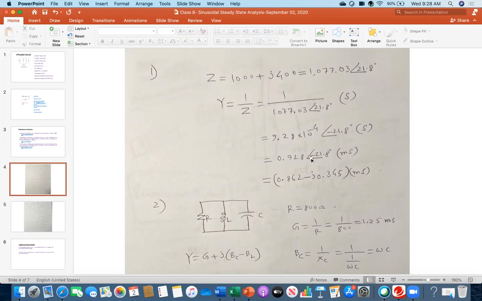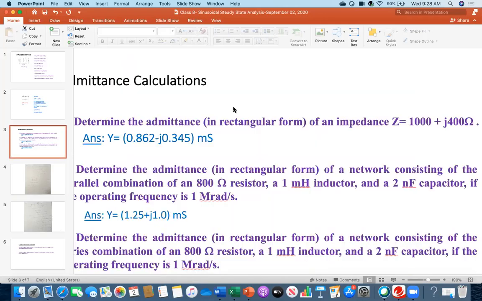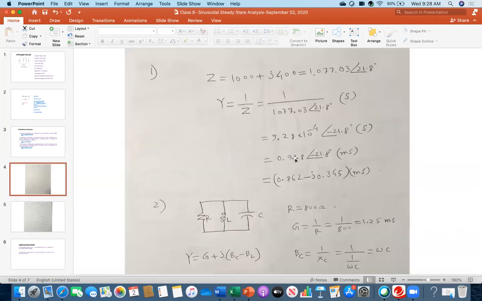Finally, the problem was asking me to determine the admittance in rectangular form. They were asking for the answer in rectangular form, so this is the rectangular form, the answer. That's why from here I converted polar into rectangular format, in millisiemens. Are you all getting this result?